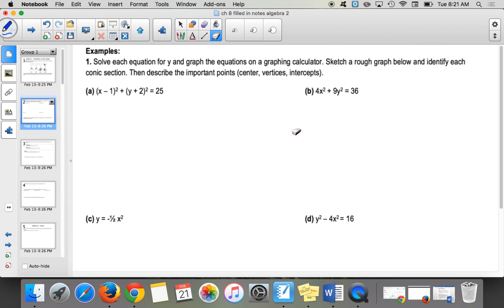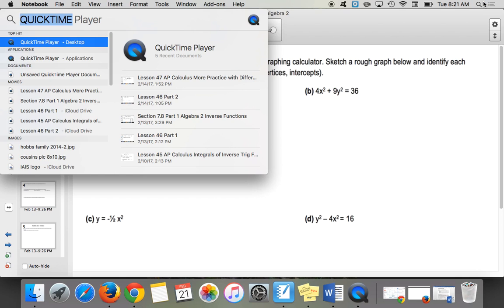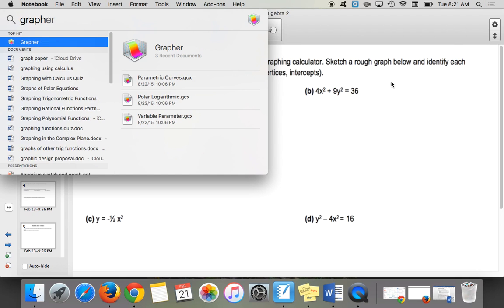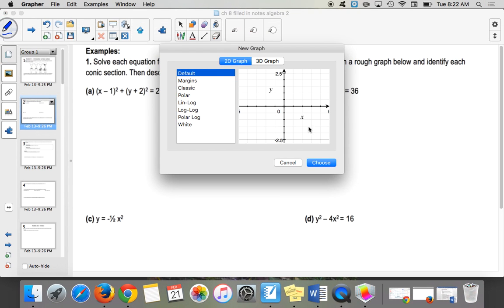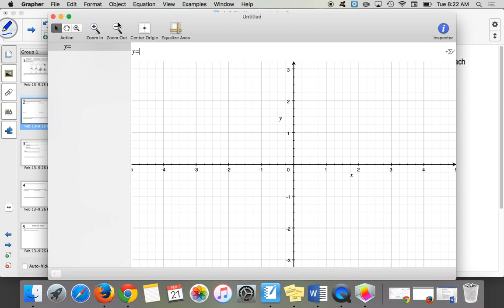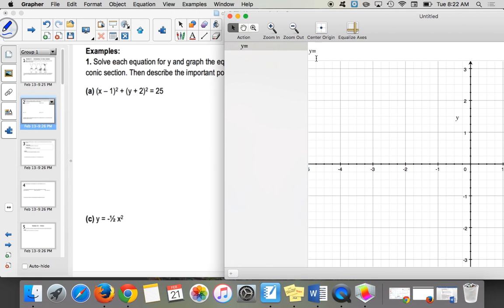So it says solve each equation for y and then graph the equations on a graphing calculator. Sketch a rough graph below and graph each conic section. So if I use something called Grapher on your computer, and I put this in, I don't have to have y equals. So see how it comes up and it says y equals? Can you guys see that? I can actually delete that out, and I can put parentheses x minus 1.